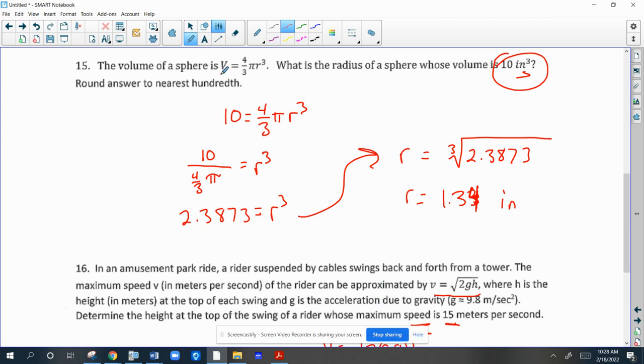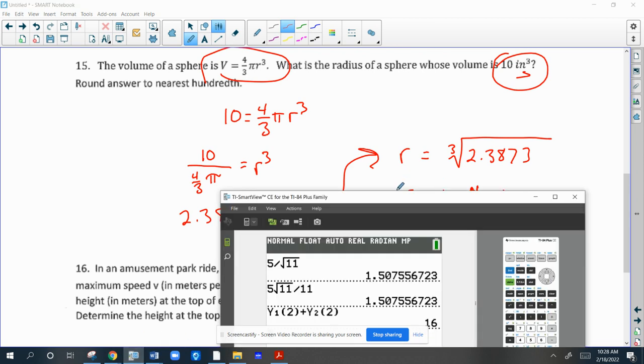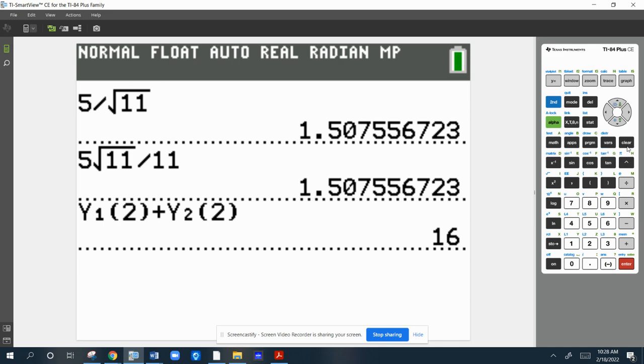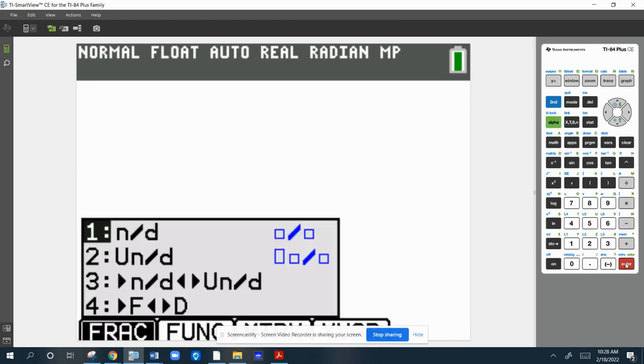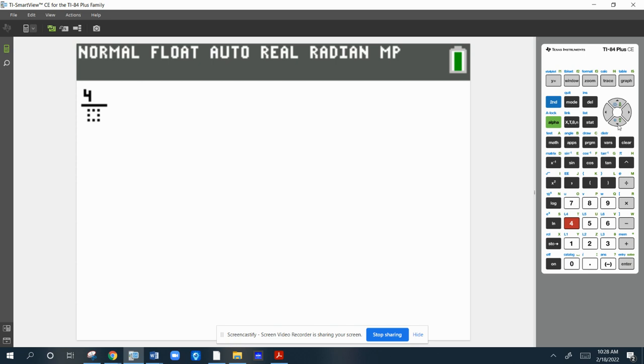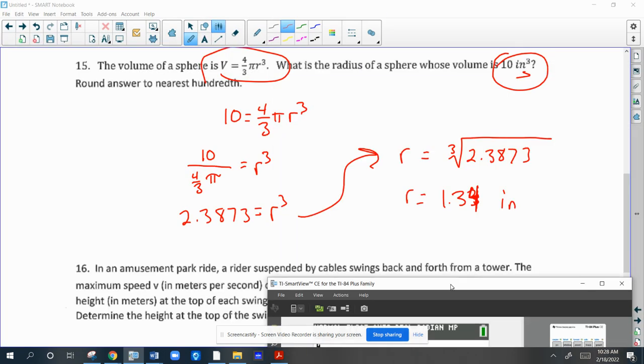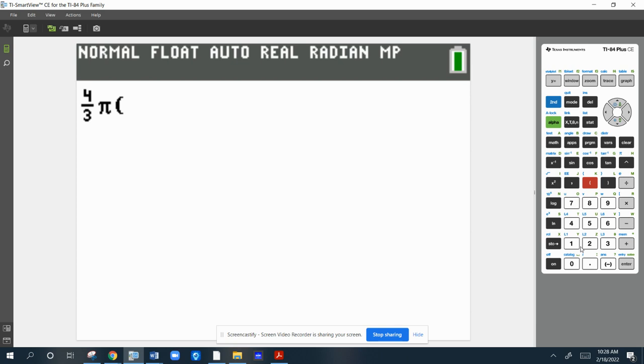So I'm going to type in this equation. Where is it? So 4/3 and then pi. Now, type in your answer that you got for R. The answer we got for R was 1.34.